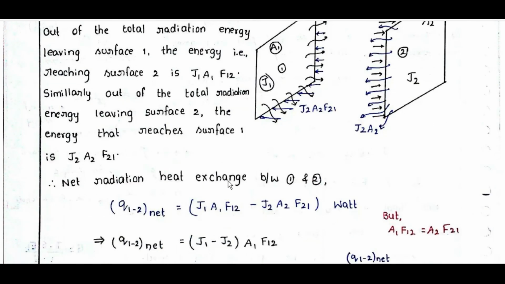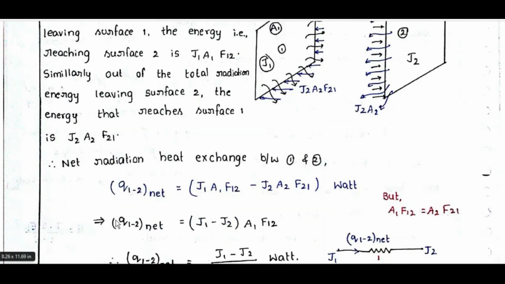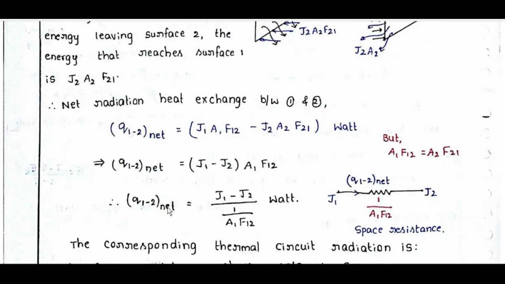The net radiation heat exchange between 1 and 2, Q12 net, is equal to J1 A1 F12 minus J2 A2 F21 watt. A1 F12 is equal to A2 F21. So Q net is equal to J1 minus J2 into A1 F12. Q net is equal to J1 minus J2 by 1 by A1 F12.